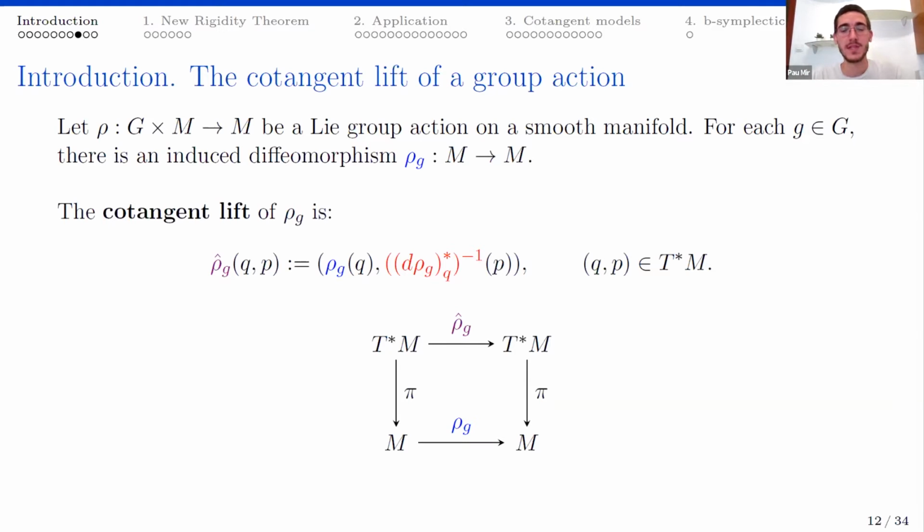So the cotangent lift is basically the same action in the base, but on the fiber, you take a differential, you do the pullback, and you invert this action to see what happens in the fiber.